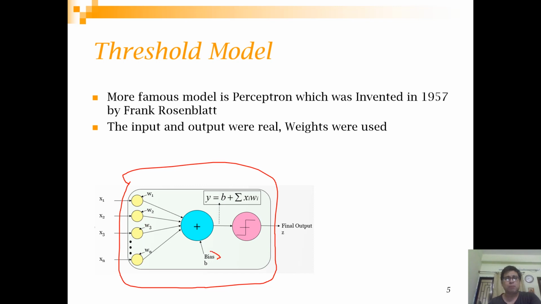There is something called a bias, which plays the role of an intercept, like in a linear regression model. And then there is some other function which applies on this aggregated input. If this function gives some response and produces some output, then the neuron fires and this final output is available. So this is your artificial neuron, and a network of such artificial neurons can be called an artificial neural network.